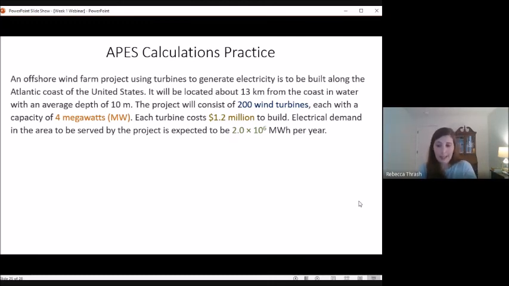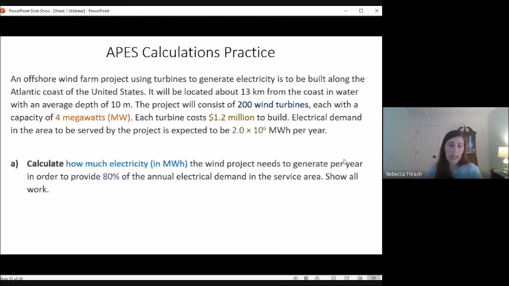So I've highlighted some of the most important parts of this passage. And if you want to do that same strategy, like maybe circle or underline or highlight, that'll help you pull the important numbers that you'll need to do your calculations. So let's see what they want us to do. Calculate how much electricity in megawatt hours the wind project needs to generate per year in order to provide 80% of the annual electrical demand in the service area.